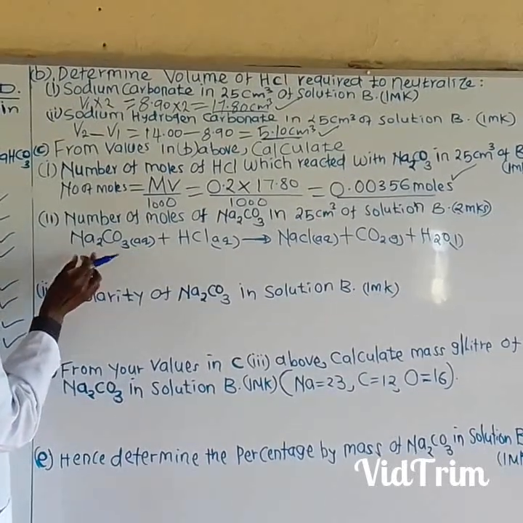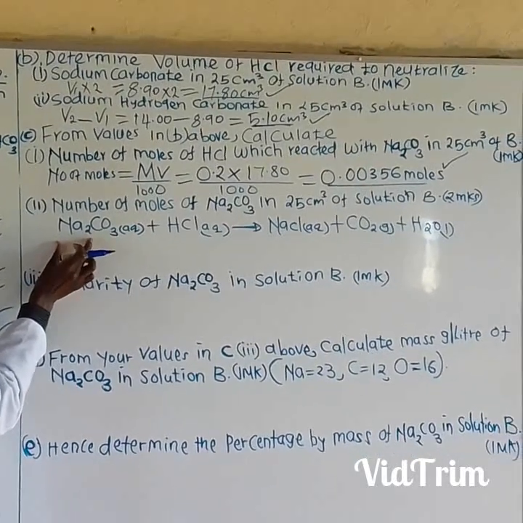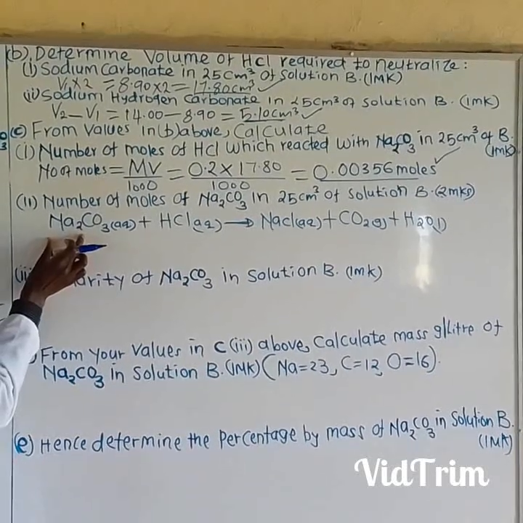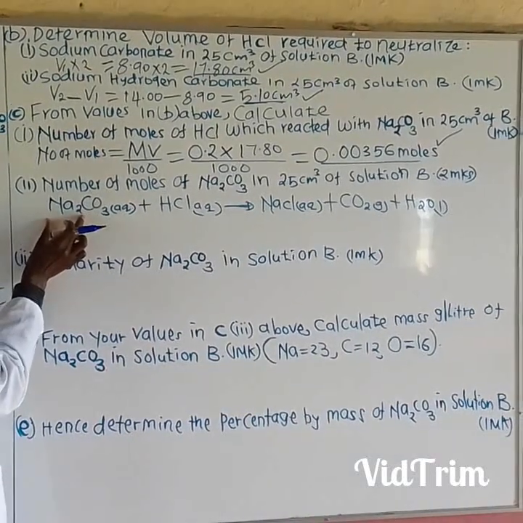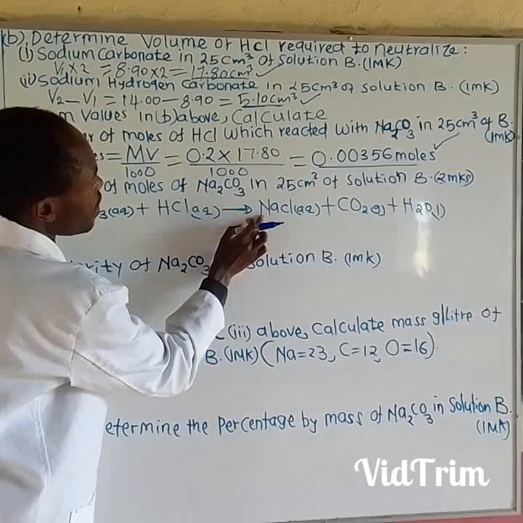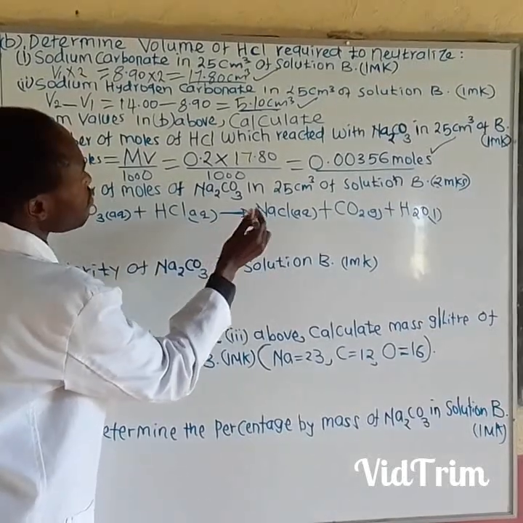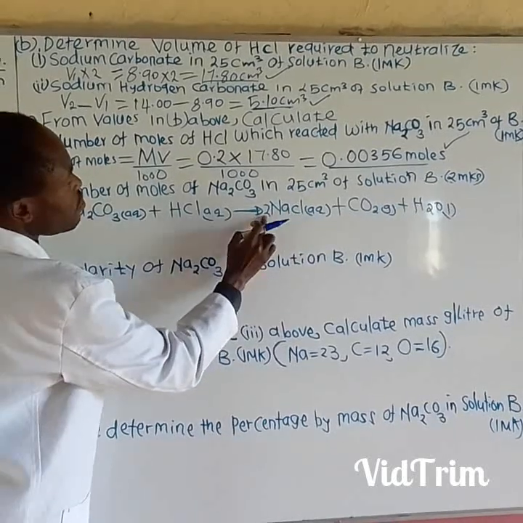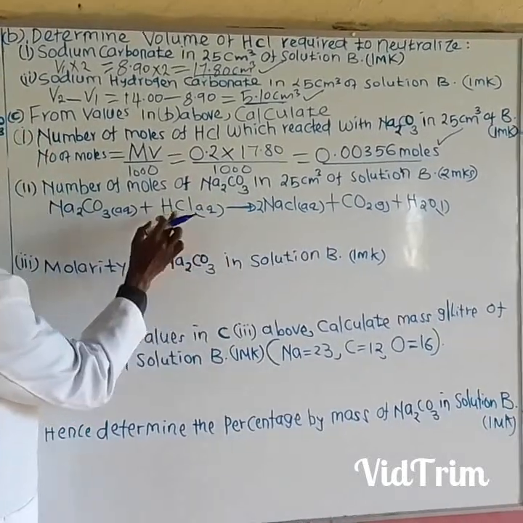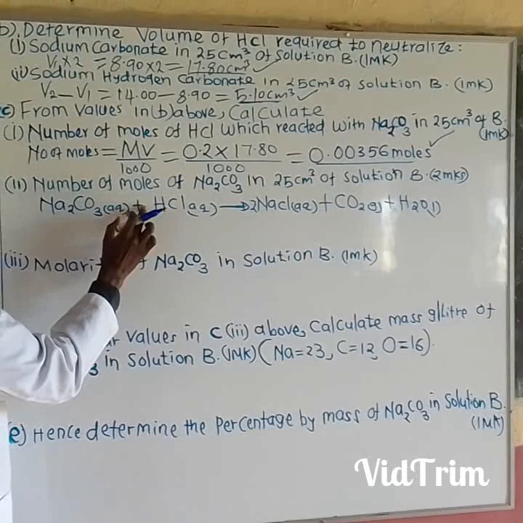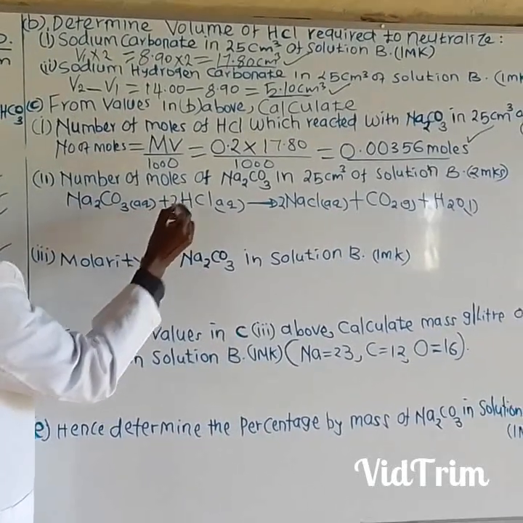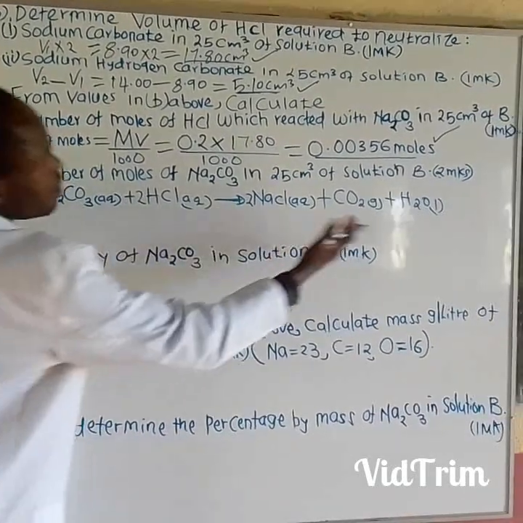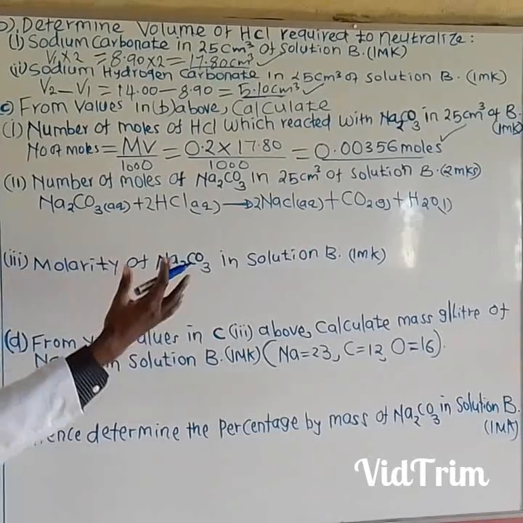On the reactant side, I have two sodium atoms, then one sodium atom on the product side. So I have to put 2 to balance. Then chloride becomes 2 on the product, so I also put 2 on the reactant side. Therefore you can see now that the equation is balanced. You can check and see.